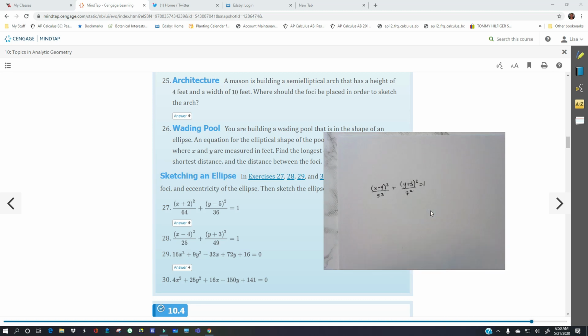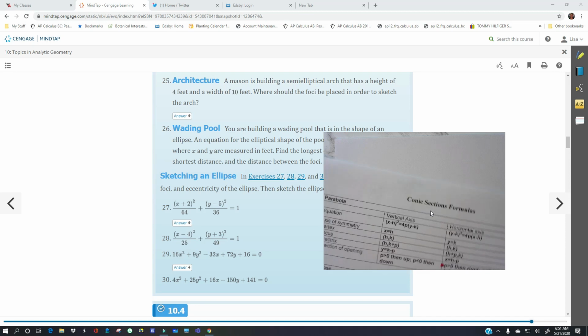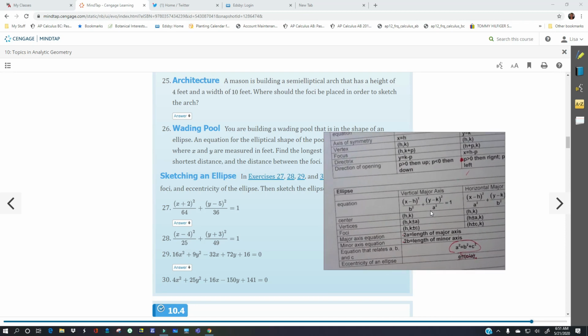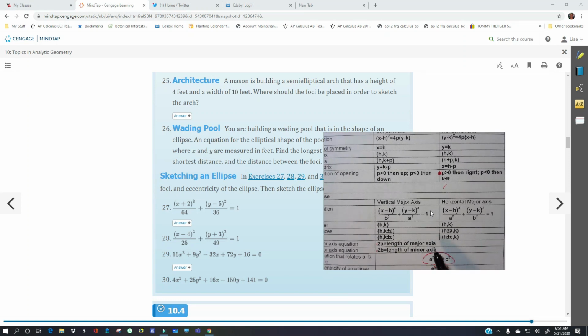The first thing they want us to find is the center. Well, we know that the center is h comma k, which is 4 comma negative 3. So the center is done. And again, you can refer to this, right? Now here's the other thing. Here's my formula sheet for ellipses, right?